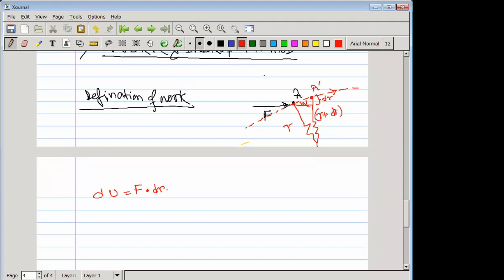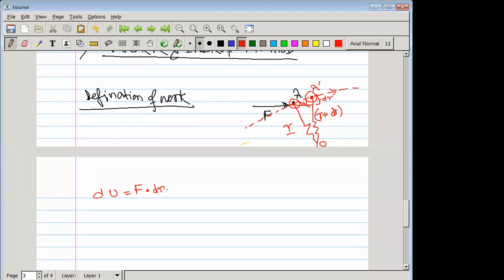Understand? See, very minutely consider what the definition of work is. You have to say it in such a manner that if you apply a force F on any particle A, and that particle moves along any circular motion or curvilinear path, suppose in this position A has a radius r, and suppose position A dash has a radius of r plus dr, then the amount of displacement it moves is nothing but dr, right?